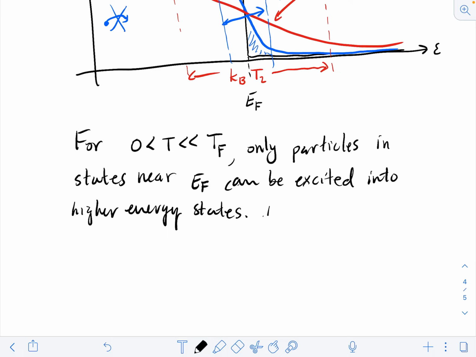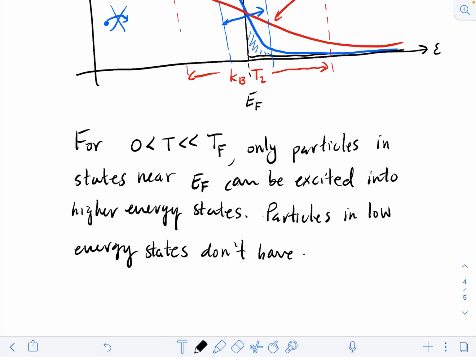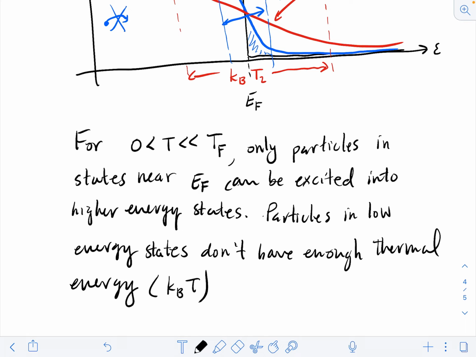Particles in low energy states don't have enough thermal energy, and so the thermal energy that they acquire is on the order of kBT to reach unoccupied states above the Fermi energy.